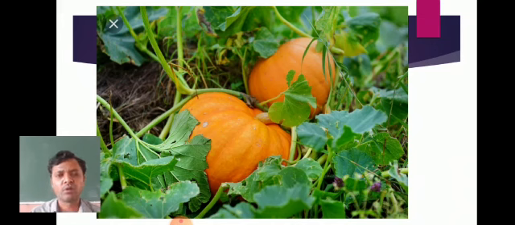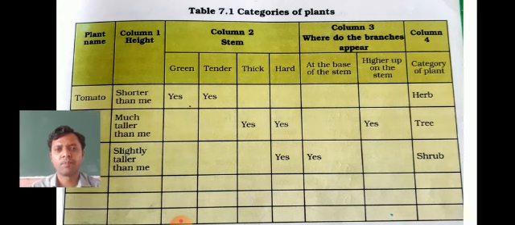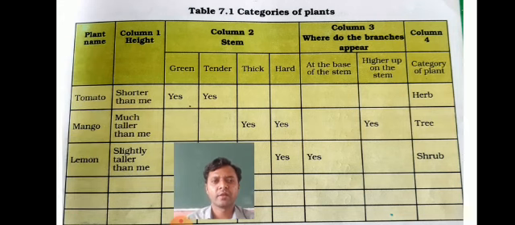Now before we wind up, one activity is given there in your table number 7.1 in your NCERT book. How to identify whether a particular plant is a herb, shrub, climber, creeper or a tree. There are some columns given there: plant name, then column 1 is height.